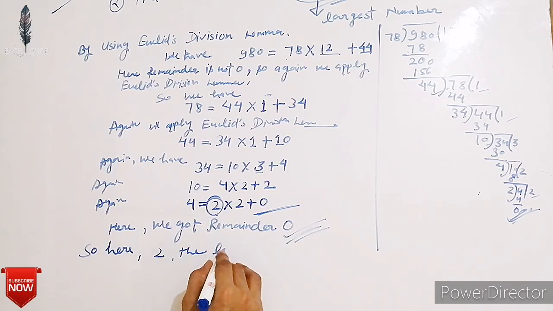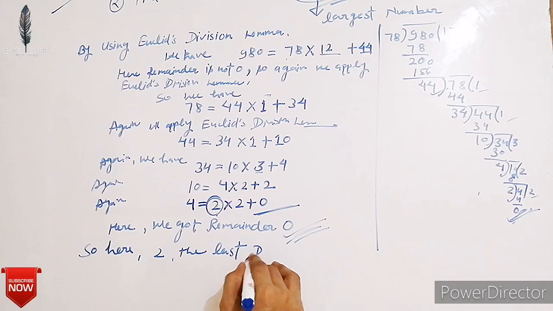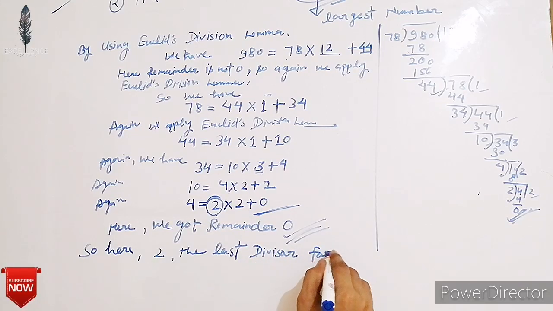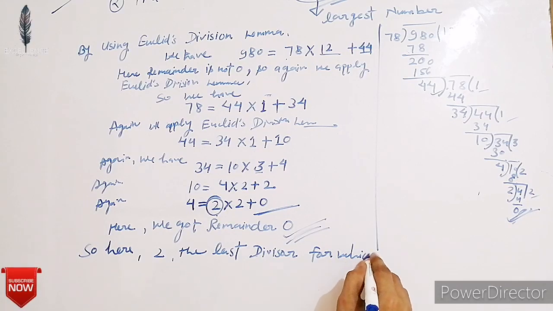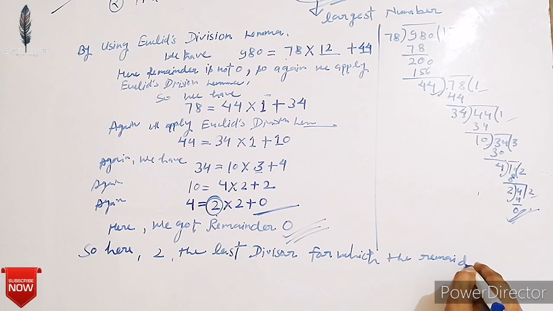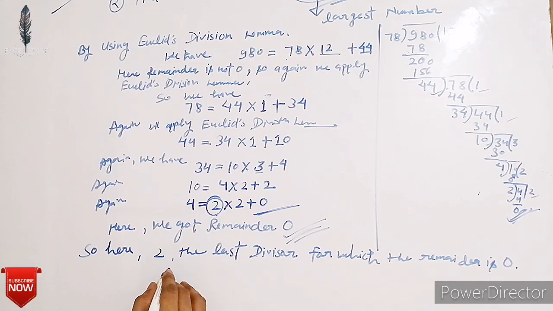So here 2, the last divisor for which the remainder is 0, is the required HCF.